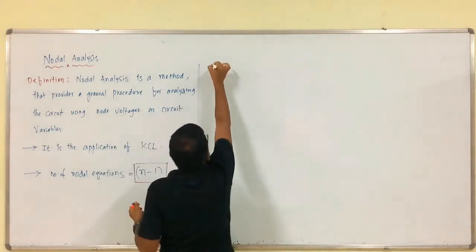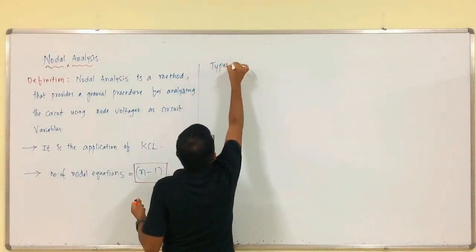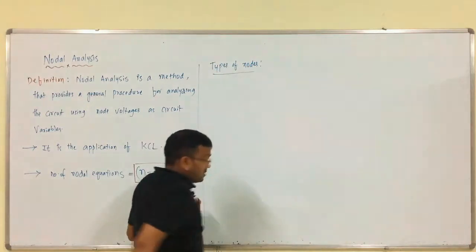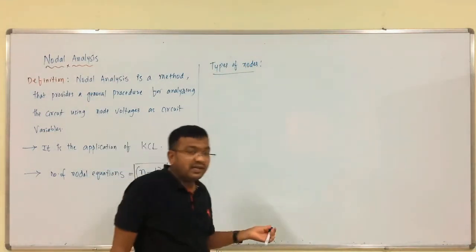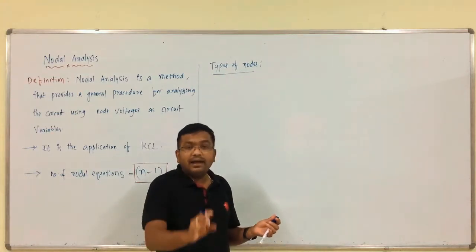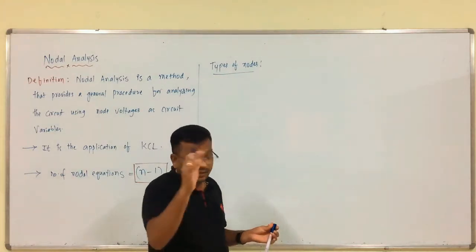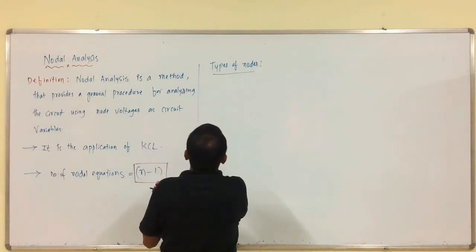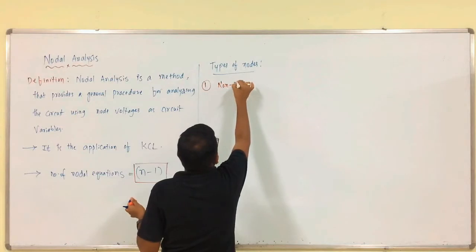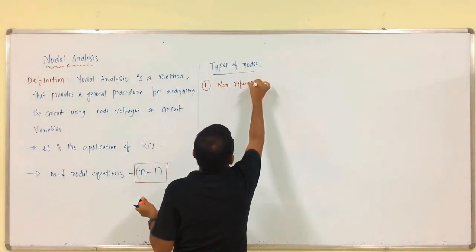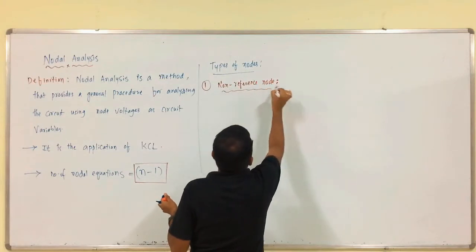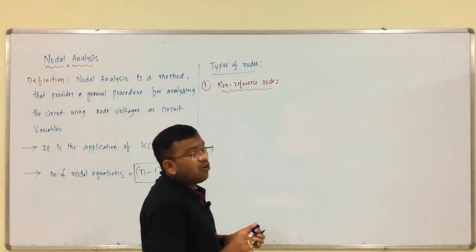So, next, types of nodes. We have simple node, principal node and single node, right. So, like that we have non-reference node. What is non-reference node?